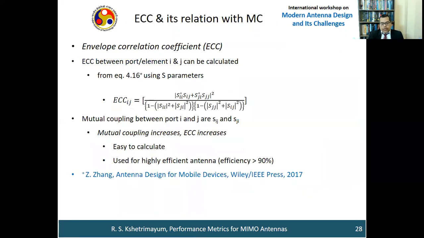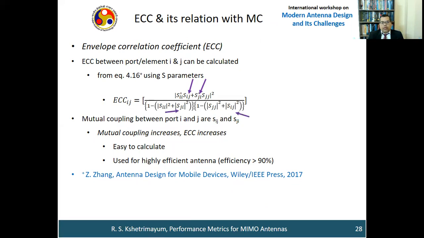Let us try to understand the formula for envelope correlation coefficient calculation from the scattering parameters. This is the formula given here. What is the effect of mutual coupling in this ECC calculation between antenna elements i and j? You can see mutual coupling terms in the numerator, so if you increase these values, ECC is going to increase.